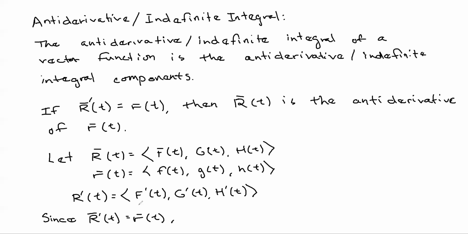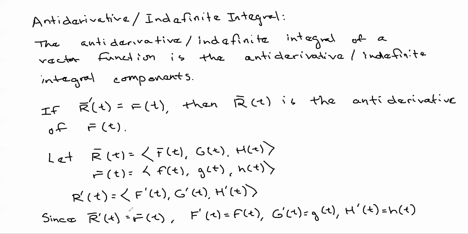Since this equals this, equality for vectors means that the components are equal. So since capital R prime equals lowercase r, that tells us that capital F prime equals lowercase f, and capital G prime equals lowercase g, and capital H prime equals lowercase h. So we have F prime of t equals lowercase f, G prime of t equals lowercase g, and H prime of t equals lowercase h of t, right?